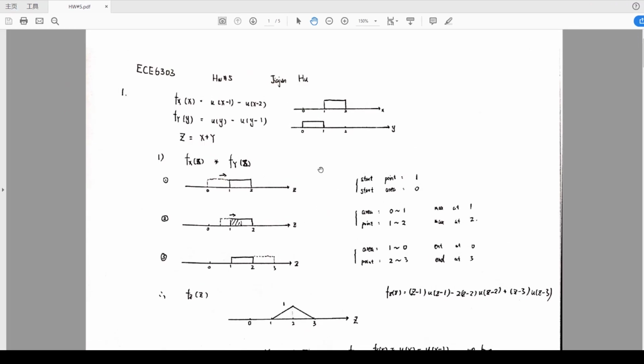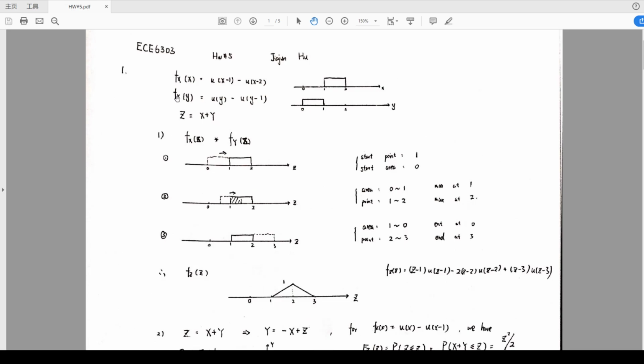Here is my solution. For the first question, as we know, the convolution method is when we move the Y to the X, and the area that the Y covers the X is the final answer for the convolution result.